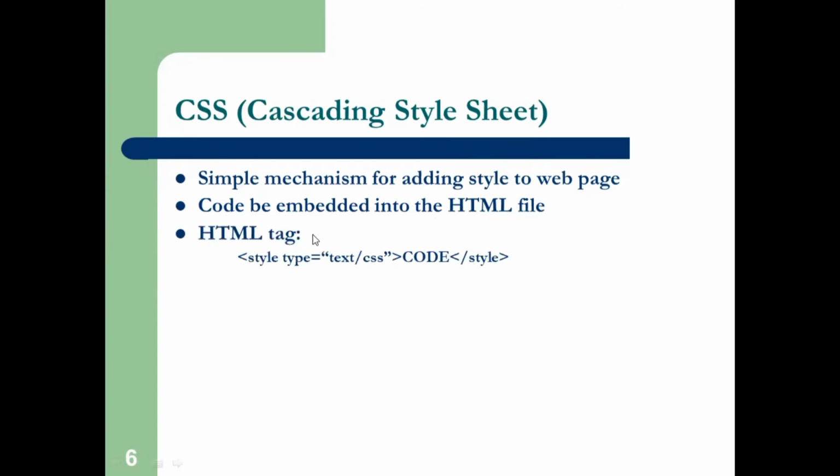If we are embedding that code in an HTML file, we use the style tag. In the style tag we use the type attribute. In the type attribute we say text/CSS. This tells our compiler that the code inside this tag is CSS code, cascading style sheet code, and it gives styling to our web page.